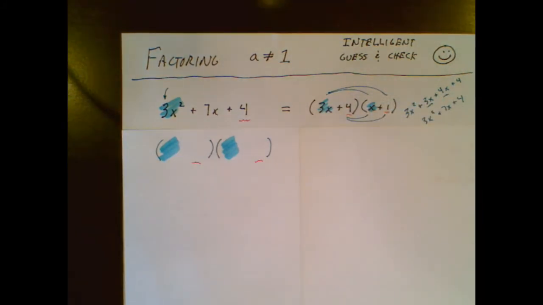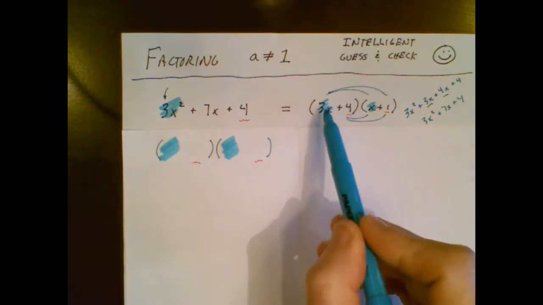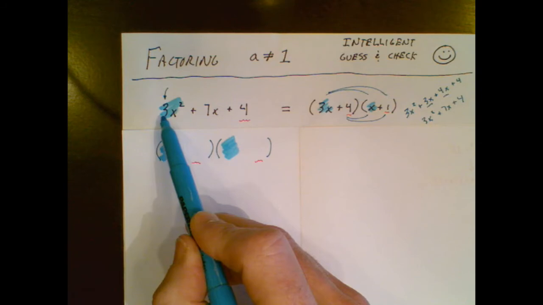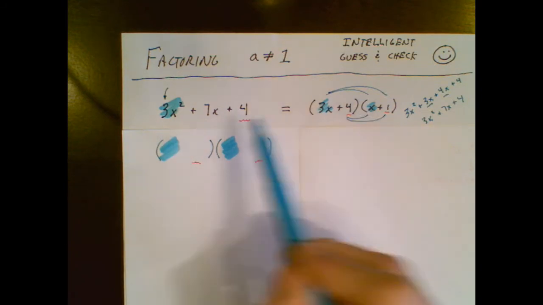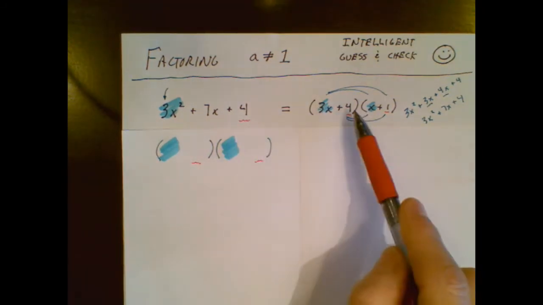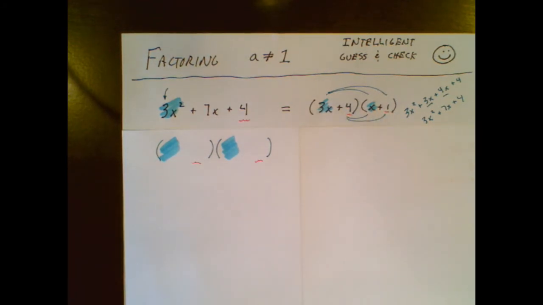So what I mean by that is, when I saw my first term was 3x squared, I knew what went here and here had to multiply to give me a 3x squared. When I saw my last term was a positive 4, I knew what went there and there had to be a positive 4 multiplied.